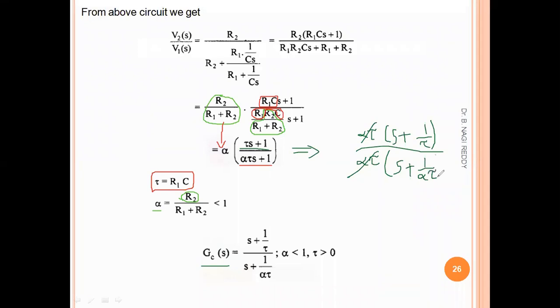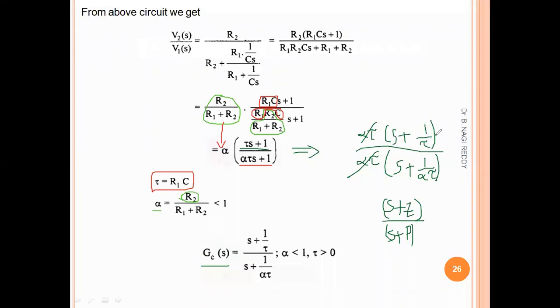Right? According to the general representation for determining the poles and zeros, the general representation of the transfer function is s plus z in the numerator, where z represents a zero. And in the denominator, we will write s plus p. We have seen this generalized formula from the second unit onwards. Right? So now you compare these two equations, s plus 1 by tau.